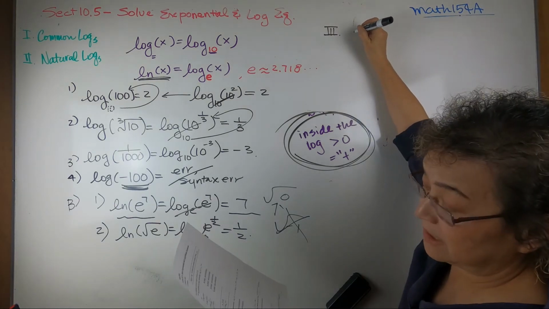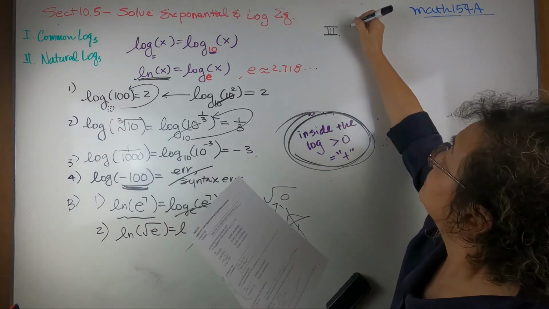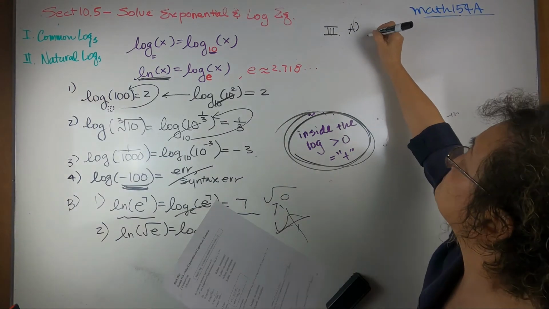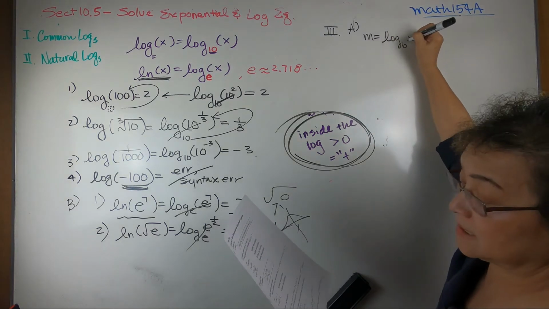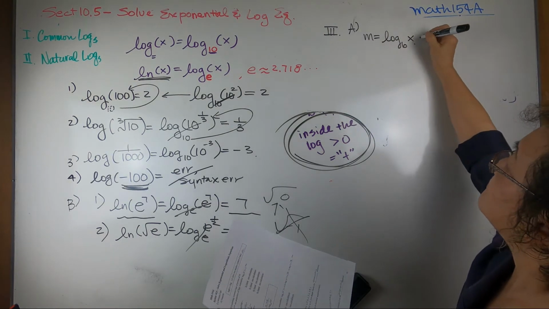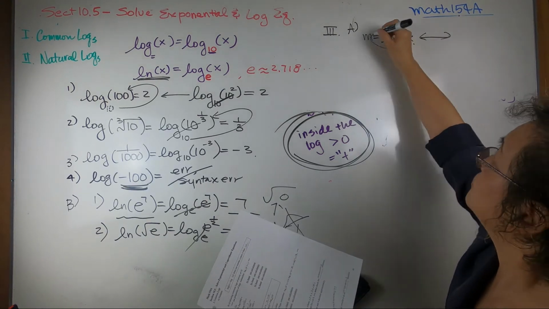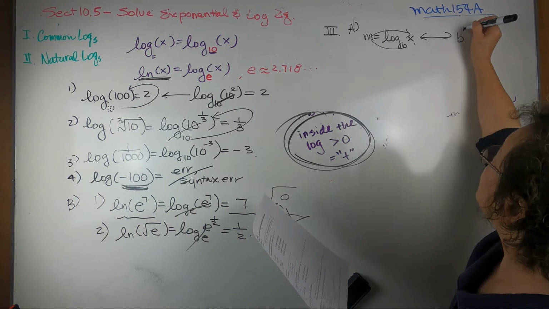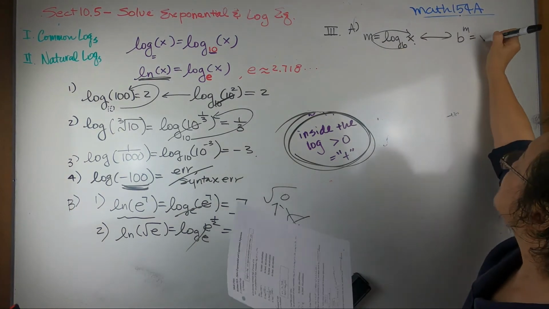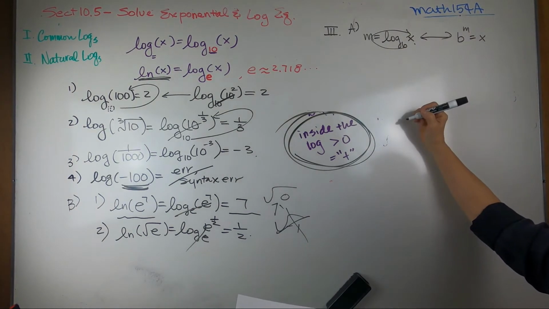So if you have on your paper, we just use a little bit different symbol. We say m equals log b of x, right? What does that mean? If you hook, that would be the inside. That means what? b to the m equals what? x, right?